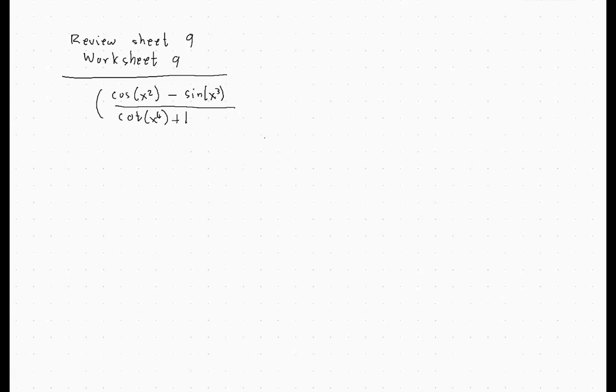You're not going to find such a function in any immediate application, but it's a good practice problem. I'm not going to try to simplify anything.